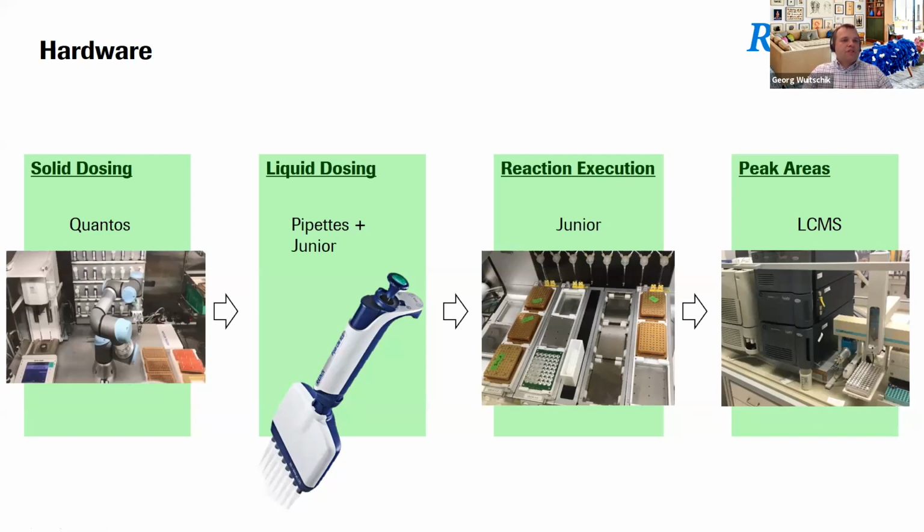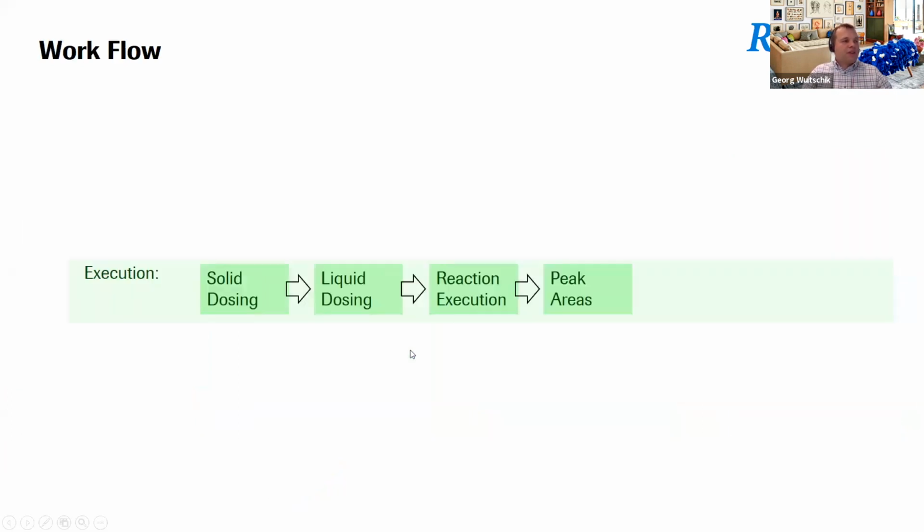And afterwards, a sample is taken and it's measured on our LCMS. So you could think, okay, that's the workflow done. But in order to get to that practical part of the workflow, a lot needs to be happening beforehand. And so that's what I want to talk about now.